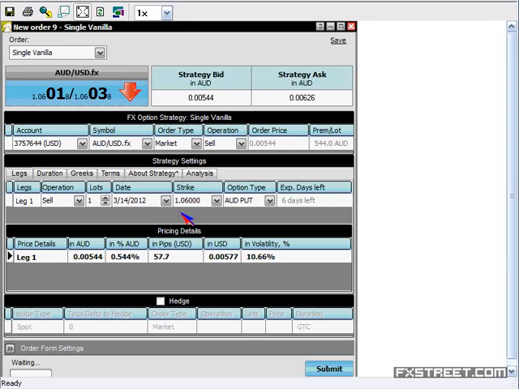And if you were to see Aussie dollar fall below that strike, you're going to enter on the long side, so you're going to buy Aussie at 106. However, you collected 58 pips or so to sell that, so your effective entry price is lowered by that 58 pips, which takes you down to about 105.42.